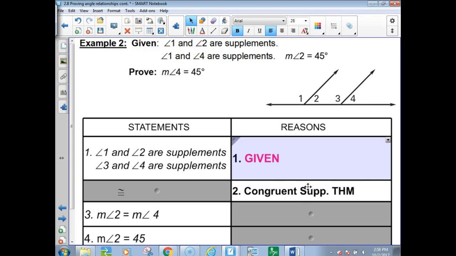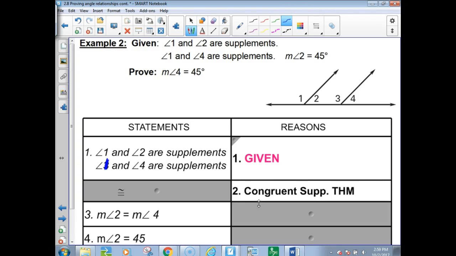What would the congruent supplement theorem tell us? Well, if angle 1 and 2 are supplements, there's a typo here. Does your paper have the typo on it? Do you have a 3 here? You have a 1, so mine's got the typo, right? This should be a 1.